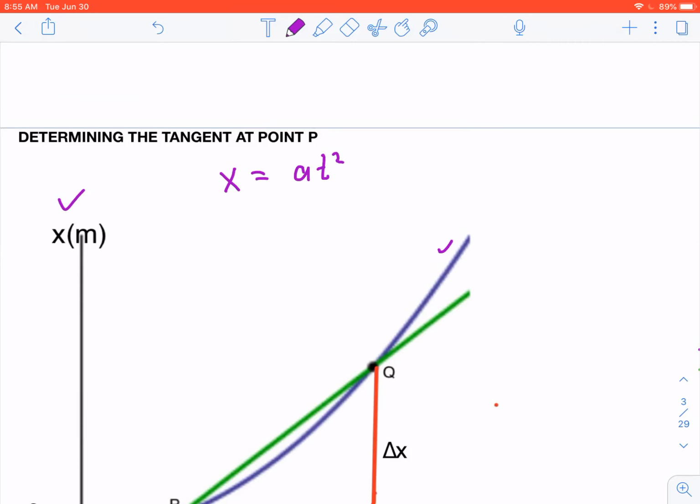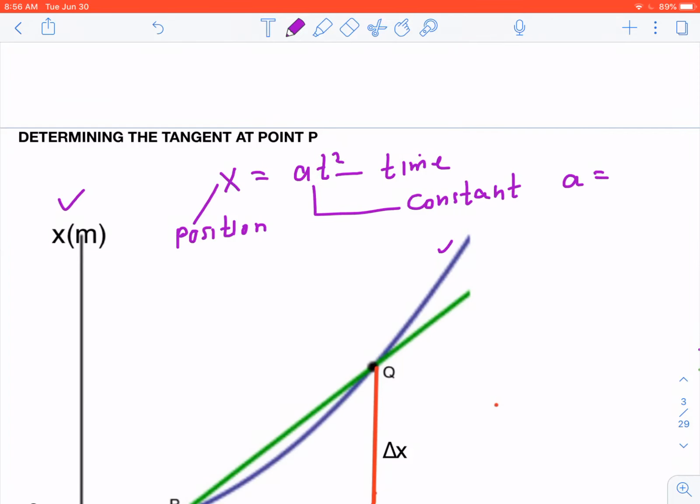X is the position, and that's time, and A is a constant. And let's say this constant is a physical constant, and let's assume its value is 1.